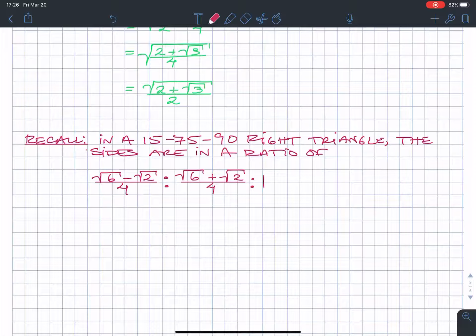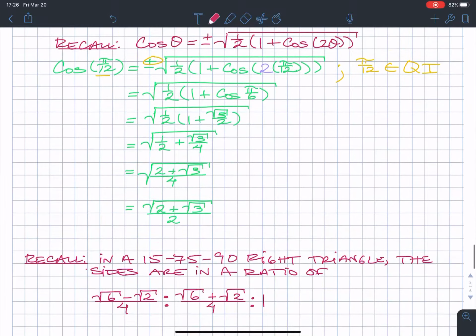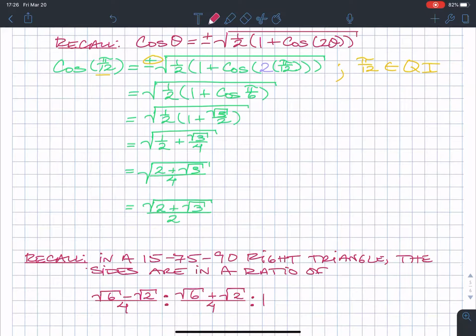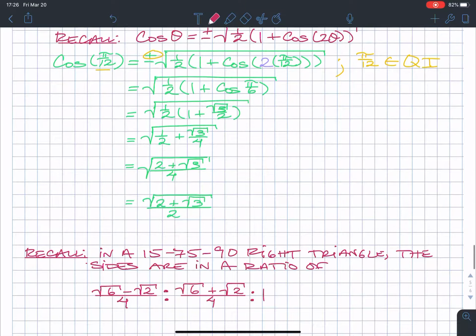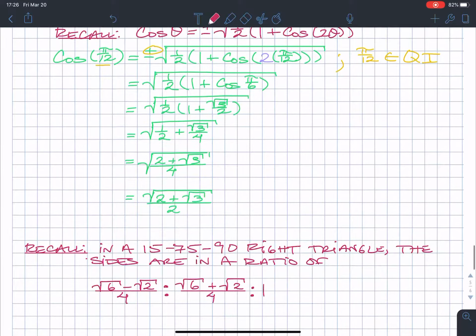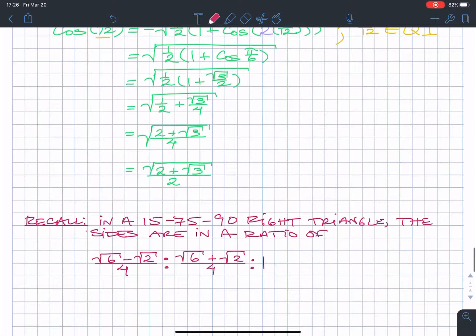Okay, well, pi over 12 is 15 degrees. Cosine is going to be the longer side, so cosine should be this middle value. What? Is that the same thing?